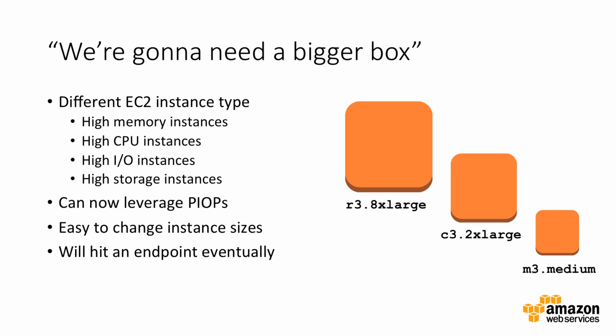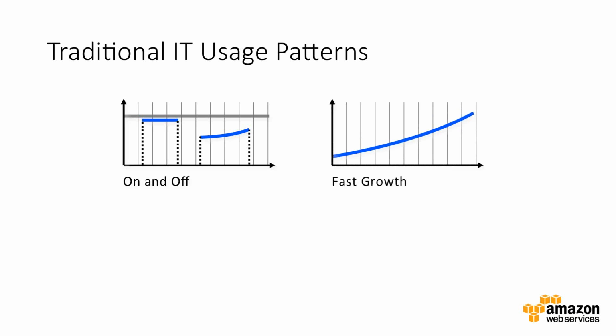Some have high I/O, some have more CPU or high CPU, some have more memory available to them. Or if you need high storage or local storage, that's available as well. You can also make use of EBS optimized instances and provisioned IOPS to help scale the storage for the instance quite a bit. Eventually, though, we're going to hit an endpoint, and this is really what we see traditionally in IT usage patterns as well.